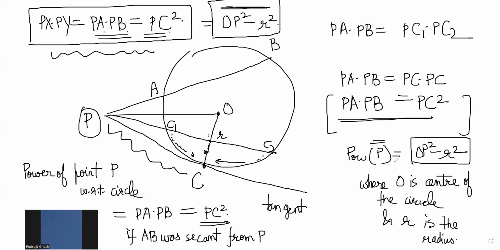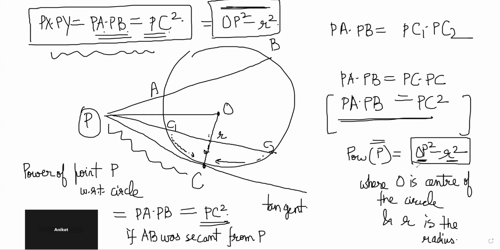Now, if the point is outside the circle, OP will be bigger than the radius and the power of a point will be positive. And if the point is inside the circle, OP will be smaller than the radius and the power of a point will be negative. And if the point is on the circle, it is zero. So what is the use of positive and negative here?